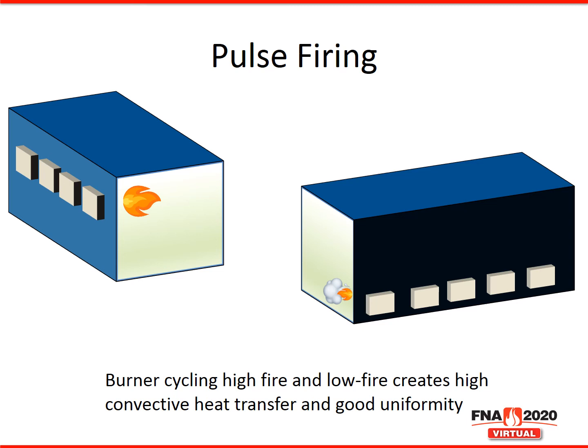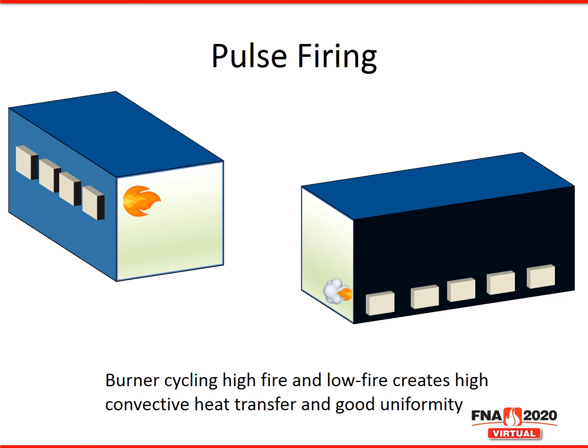Because of the regular cycling of the burner at high and low, the furnace gases are mixed well. Commonly, the cycle timing will be offset from burner to burner. As an example, let's stick with 50% firing rate, with 8 seconds at high fire and 8 seconds at low fire. The burners will be offset on their cycle time, which results in individual burners going to high and low fire at different times.